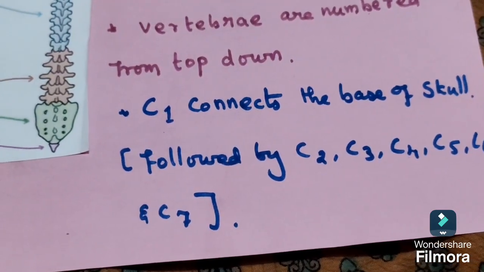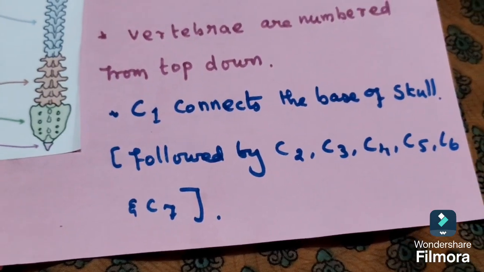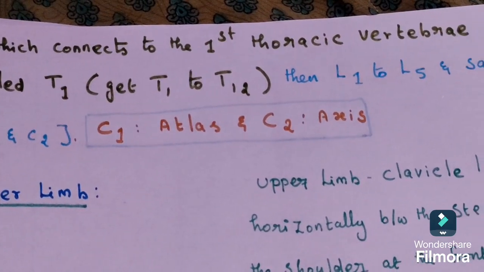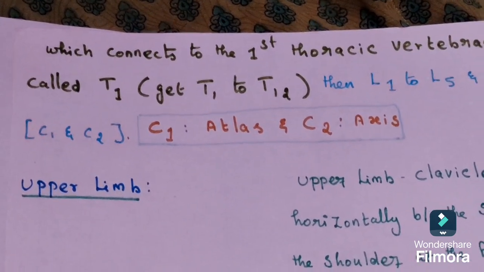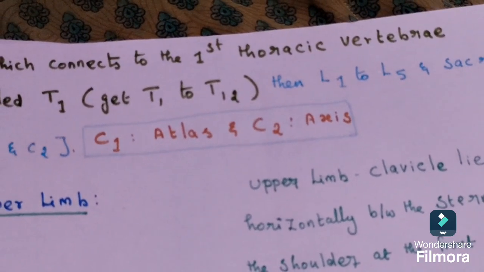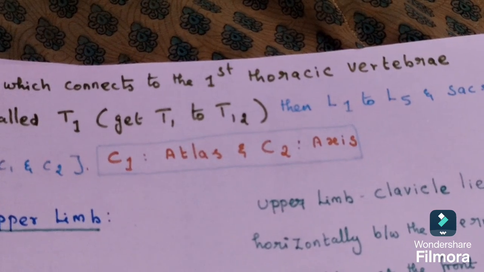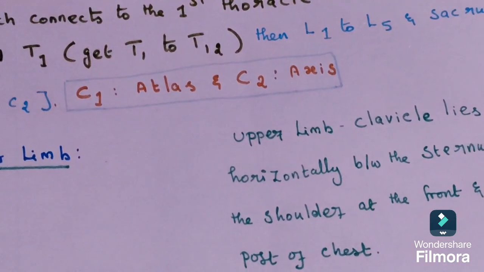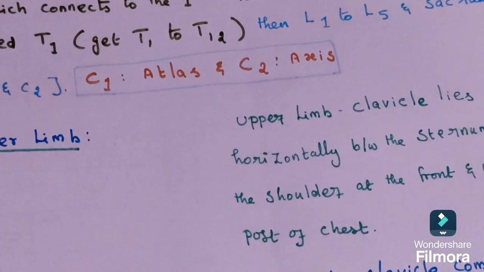It is followed by C2, C3, C4, C5, C6, C7, which connects to the first thoracic vertebra called T1, then T2 to T12, then L1 to L5, and the sacrum. C1 and C2 have special names: C1 is Atlas and C2 is Axis.